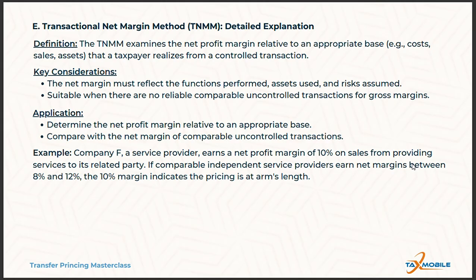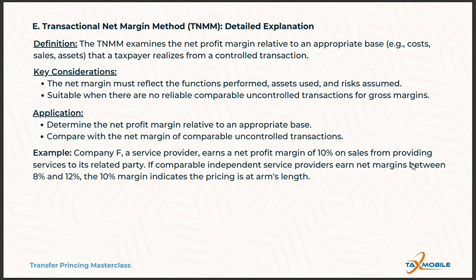Look for independent companies performing similar functions, incurring similar risk, and using comparable assets. Now, you also need to adjust for the differences. Adjust the margins of independent companies for any significant differences in business functions, risk, or operating environment.